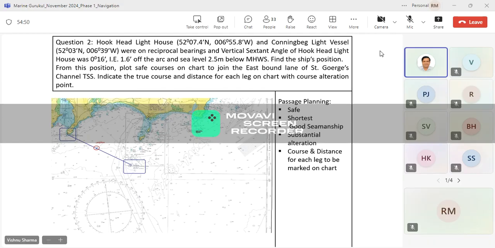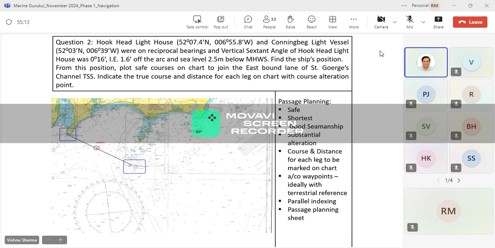Course and distance for each leg to be marked on the chart. Alteration waypoints should ideally be reference to the terrestrial objects. Parallel indexing should be considered so that cross-track error can be minimized and you remain on track.